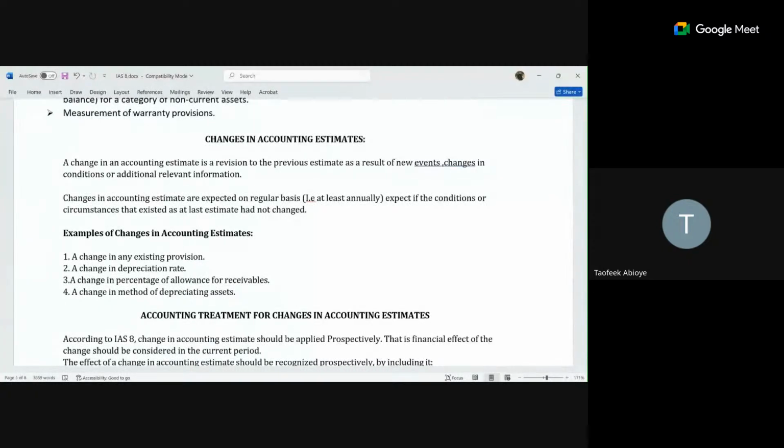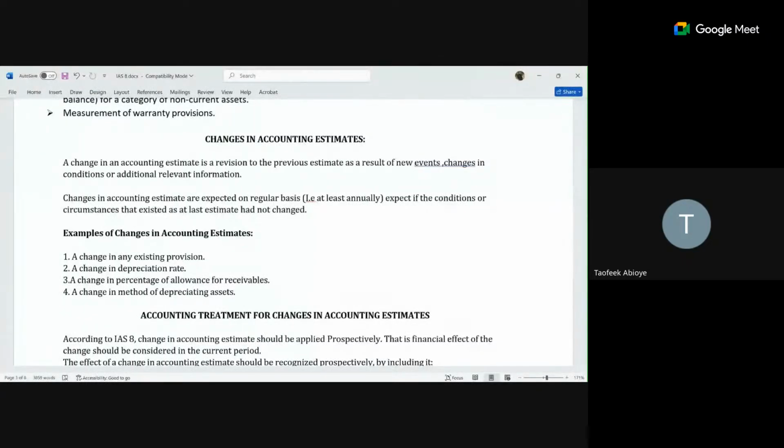When you are changing the method of depreciation, like from straight line to reducing balance, that is a change in accounting policy. You are changing your valuation policy.